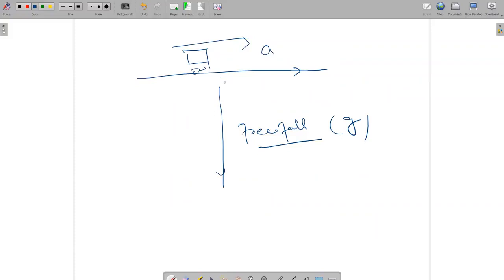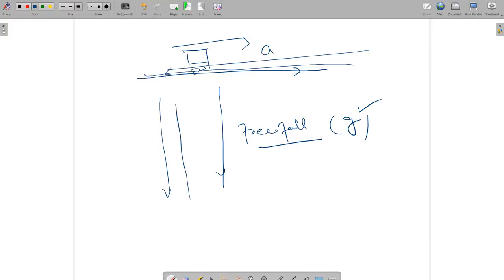So we will discuss in chapter number 2 whether the body is moving this side, or this side, or this side. All these problems we will discuss in chapter number 2. Okay, understand?